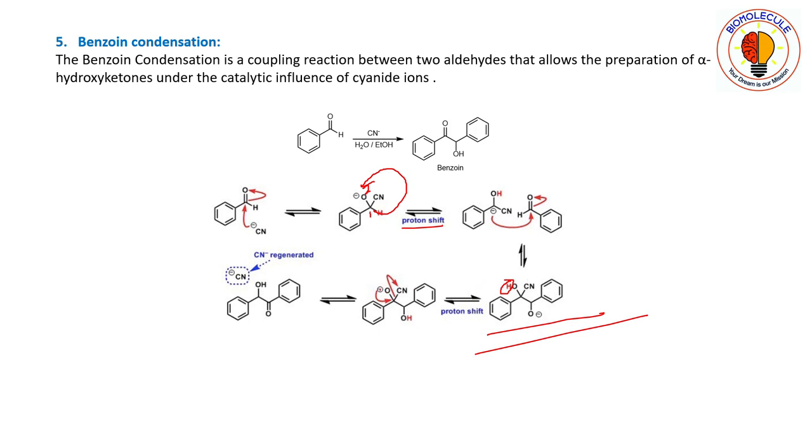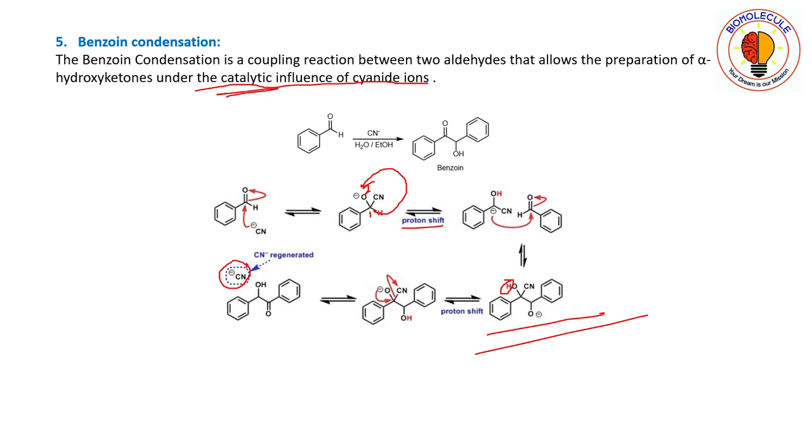Now this oxygen will push back its electron to make a carbon-oxygen double bond, and this cyanide ion leaves. That is, after the reaction, cyanide ion is regenerated. That is why here the benzoin condensation is taking place under the catalytic influence of cyanide ions.